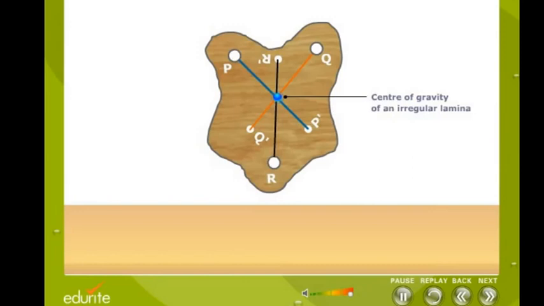You have just put 3 different holes on whichever object that you have as your lamina, because it's not regularly shaped, so its geometrical center won't be the center of mass. So you can only determine the center of gravity or the center of mass by following this procedure.